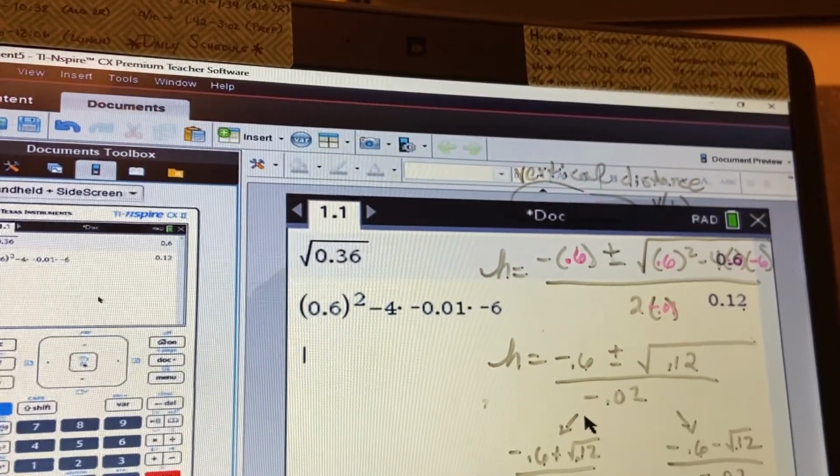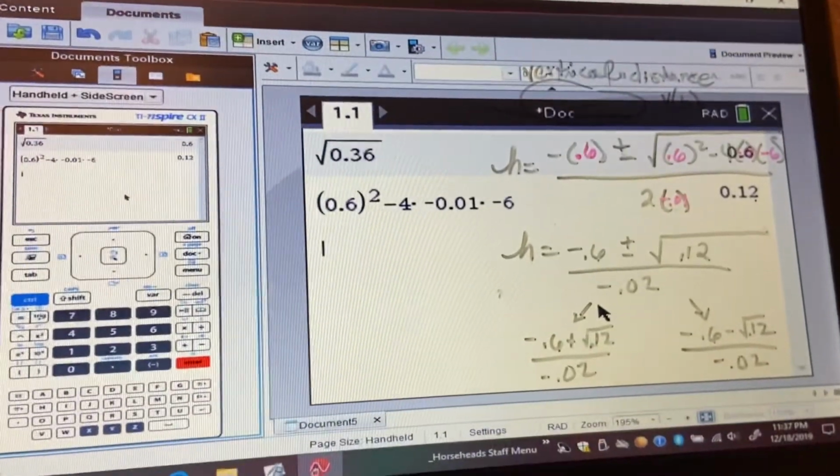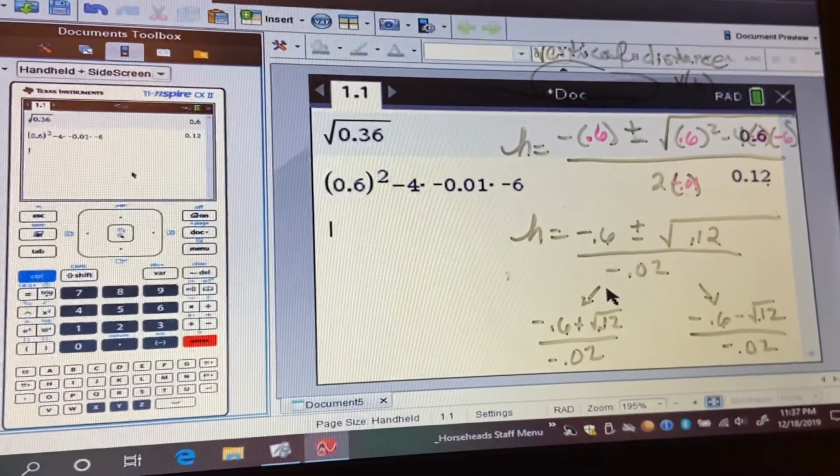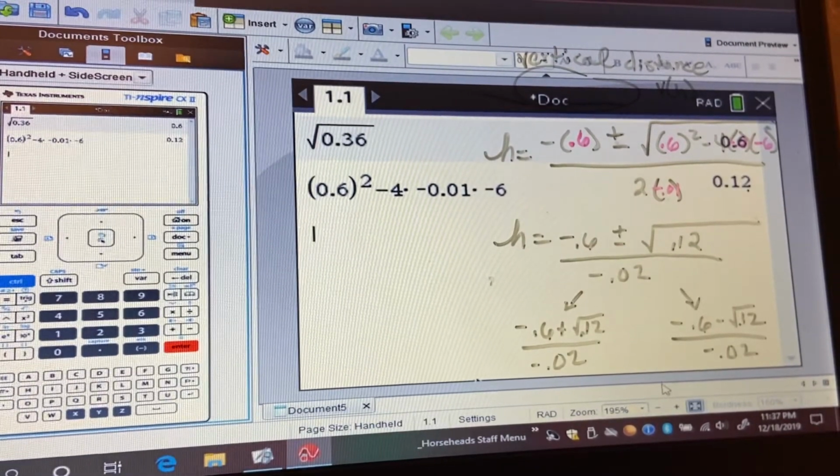All right. Let me make sure you can see those. We'll type that into our calculator.